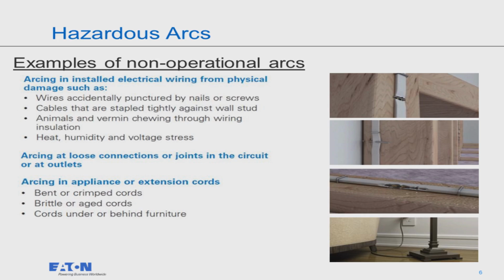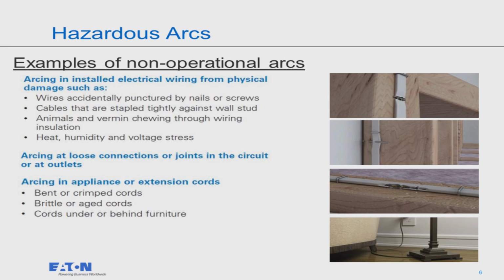You also get arcing with bent or crimped cords, loose connections, or a broken conductor. A broken conductor is actually a loose connection in a way, since they're sitting end to end and you'll get an arc at that point as well. Then there are brittle or aged cords plugged into your system. Those are the hazardous arcs that we're trying to detect.